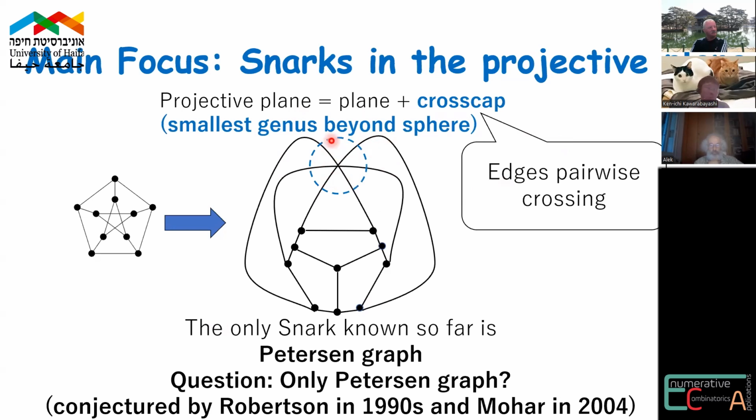One of the reasons is that the Petersen graph can be embedded in the projective plane. But what was known so far is that the Petersen graph is the only snark that can be embedded in the projective plane. And it was conjectured in the 90s by Neil Robertson and Boyd and Moher that indeed the Petersen graph is the only obstruction. That was a conjecture, and that's essentially our main result.